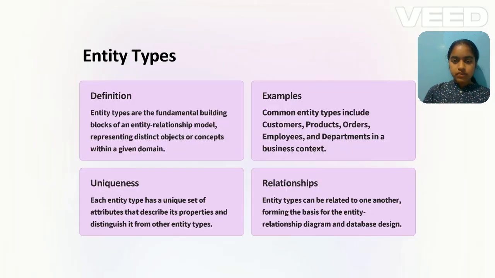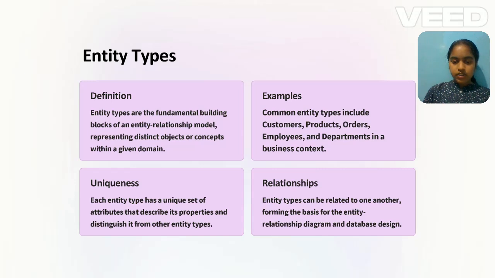Entity types. The definition of entity type is: entity types are the fundamental building blocks of an entity relationship model, representing distinct objects or concepts within a given domain. Examples: common entity types include customers, products, orders, employees, and departments in a business context.